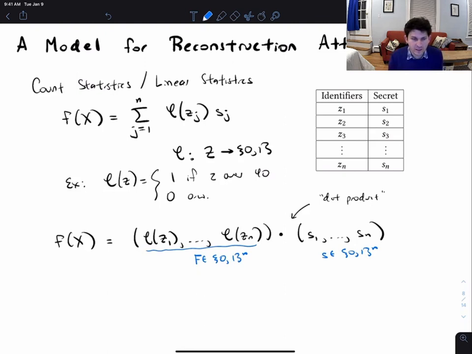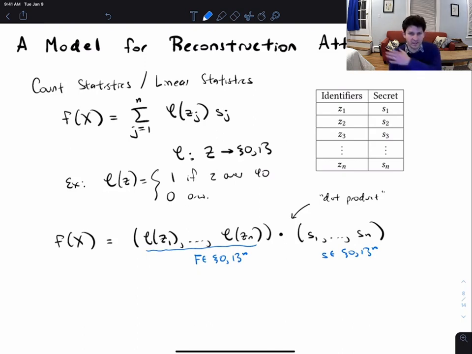Now, one thing that might seem a little strange is that the definition of queries has baked in the idea that one of these columns is special, it's a secret. I want to clarify that this is not something we think of as being inherent in the way the data set is constructed or even in the way the queries are constructed. We just think of the secret as being special in the viewpoint of the attacker.